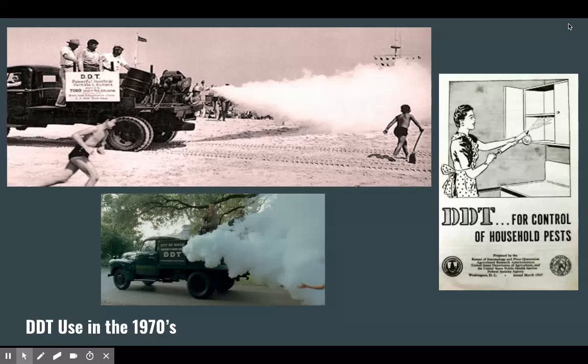DDT's intended function was to kill mosquitoes or any other pests. The unintended consequence, though, is that it doesn't just kill that pest. A perfect case study is that while DDT is designed to alter the nerve transmission in insects, the chemical can move up an aquatic food chain.